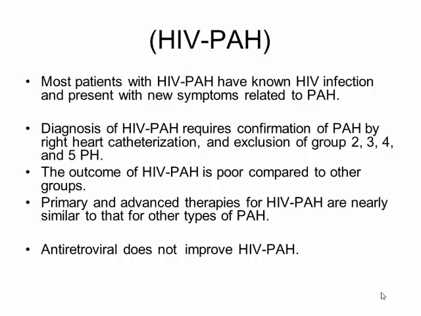Of course, you want to rule out groups 2, 3, and 4, and 5 of pulmonary hypertension to say it's HIV related. It doesn't have obstructive sleep apnea, CHF, or other reasons, or sarcoidosis. The outcome is poor compared to other groups, and antiretroviral therapy will not improve the outcomes. Therapies, same as for group 1, you just give them group 1 therapy.